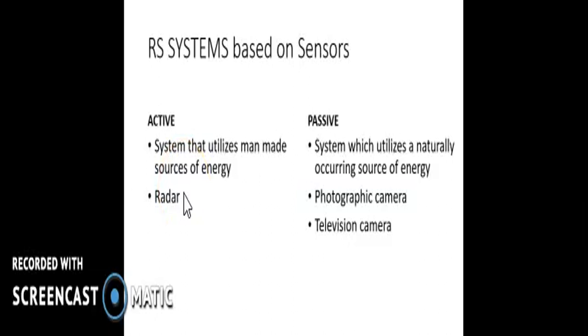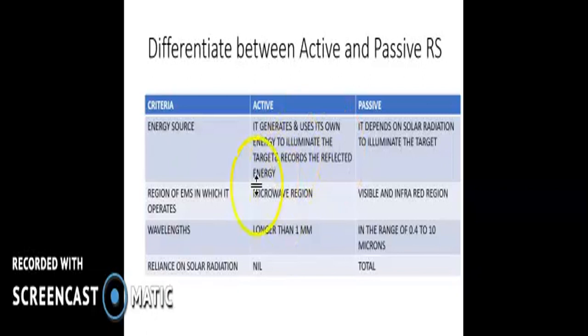So there is one tabular column I have made as a comparison between active and passive remote sensing. I do not want to read it out because it's time consuming. You could pause and go through the different points because this is a very important comparison based on the energy resource, based on the regions of the EMS, electromagnetic spectrum, in which it operates.